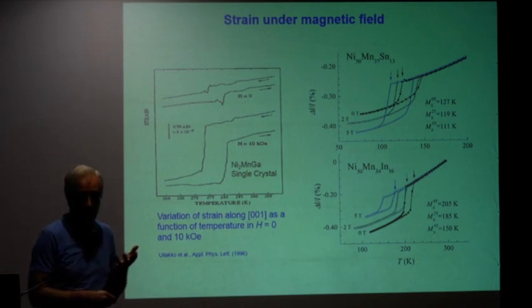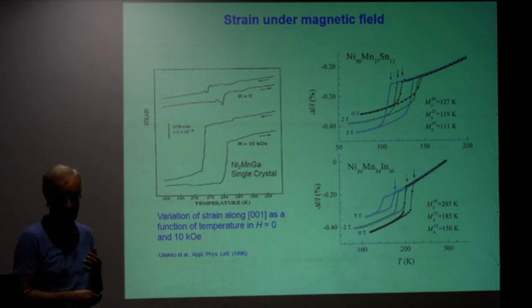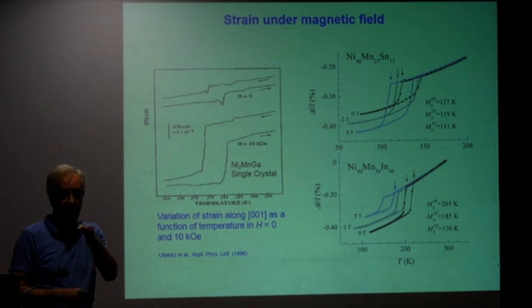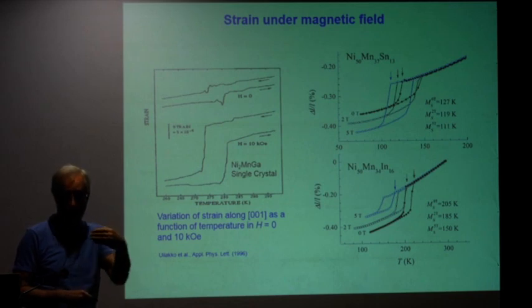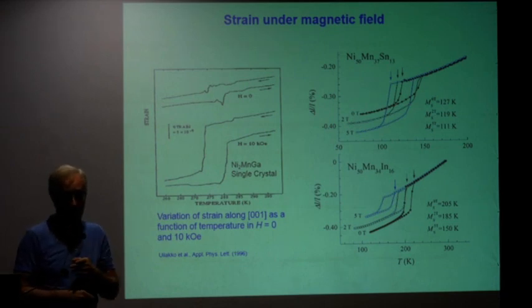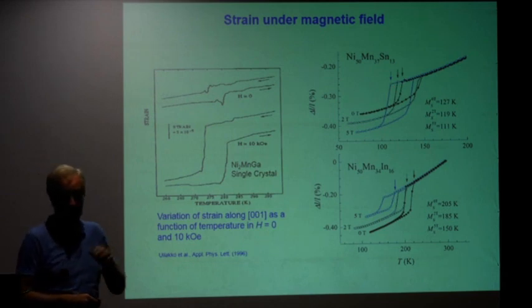So that is telling you what the strain is, that is the hysteresis itself. This is a polycrystalline material, so it only matters when you're measuring in a magnetic field that the strain gauge is mounted parallel to the magnetic field direction. You can also mount it in the other direction, but here we measured it along one particular direction. And we get these different responses when we measure these.